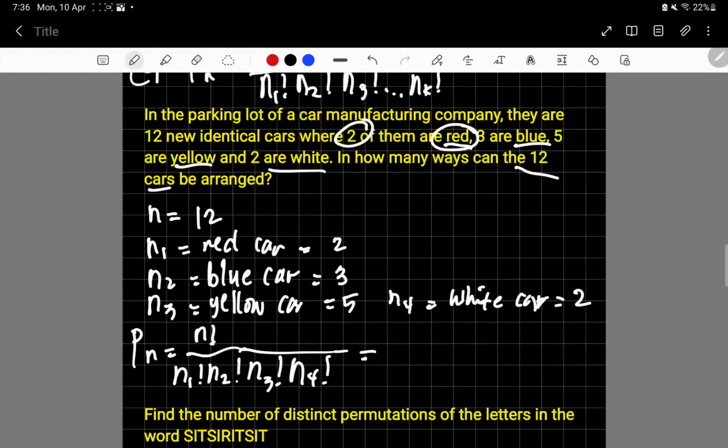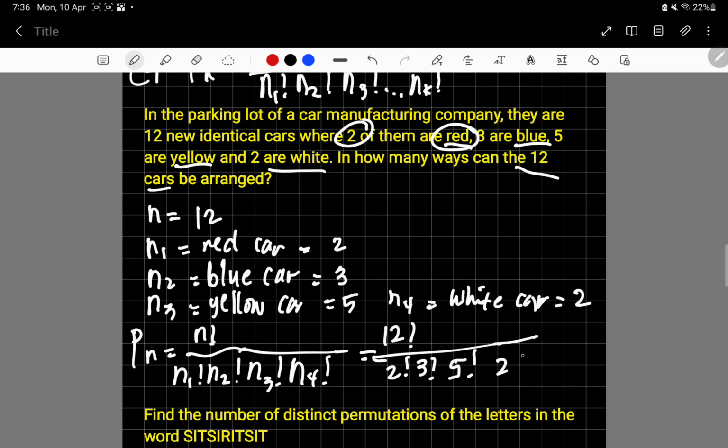Then just substitute the given. You have here 12 factorial over 2 factorial which is the red car, 3 factorial which is the blue car, and 5 factorial which is the yellow car, and the last one is the 2 white car. Okay.